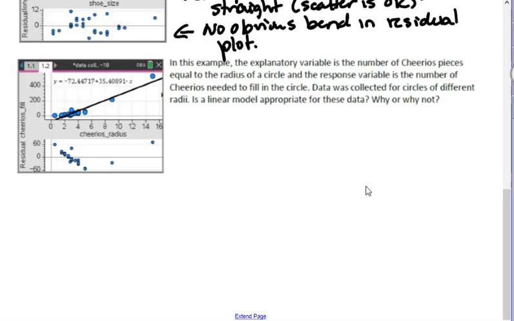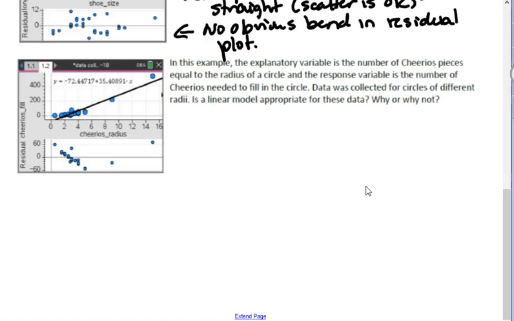And so basically the x value was the radius of the lid, and the y value was the number of Cheerios needed to fill up the lid. Well, that is not a linear function, because area is a quadratic quantity because it's something squared. Area is like pi r squared for a circle.